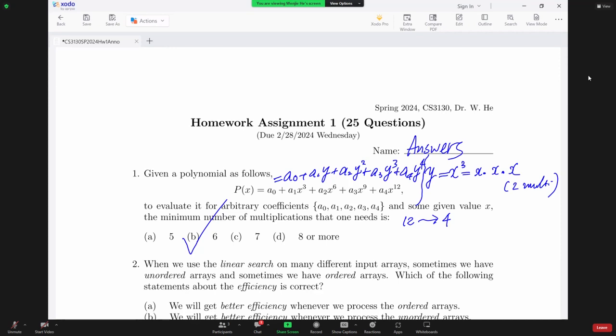So by Horner's rule, we need 4 multiplications. So the answer here equals 4 plus 2, total 6 multiplications. That's the first question.